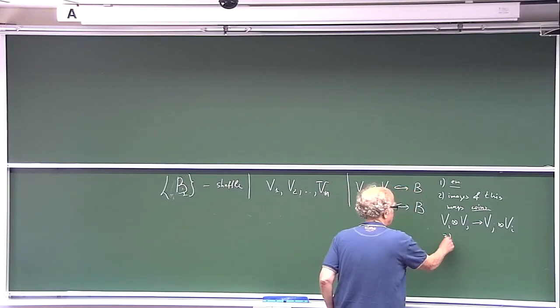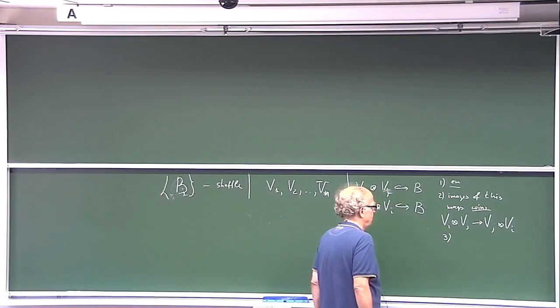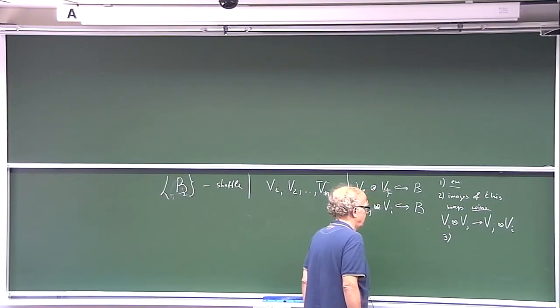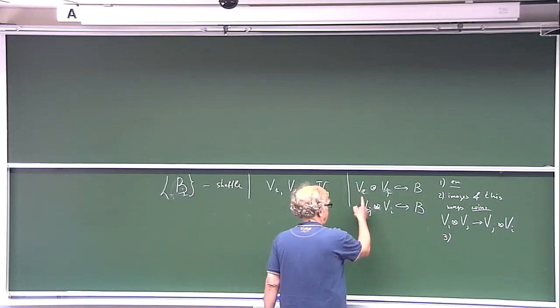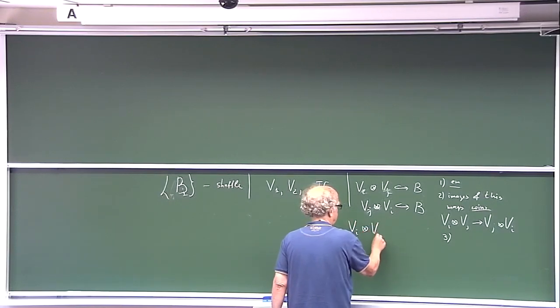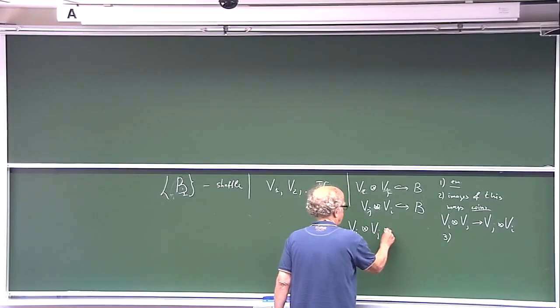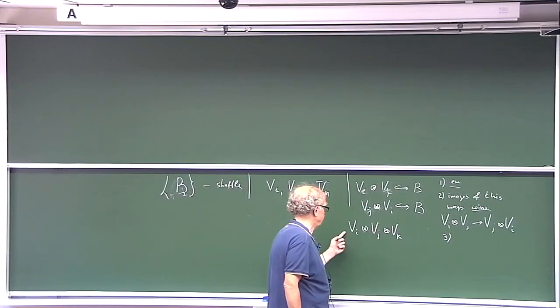Then suppose that the third condition is true: if we have three different of them, VI times VJ times VK, then we can consider just the product of them.